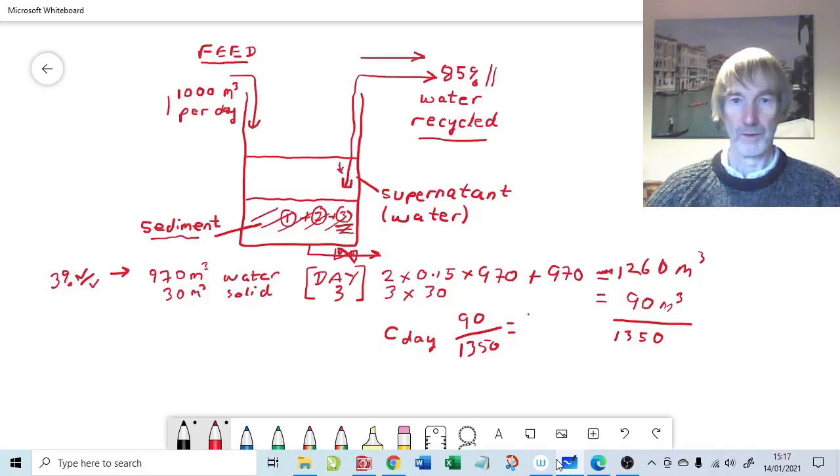So we're talking about 6.7%, because it's 0.067, so 6.7%. And that's volume to volume again.